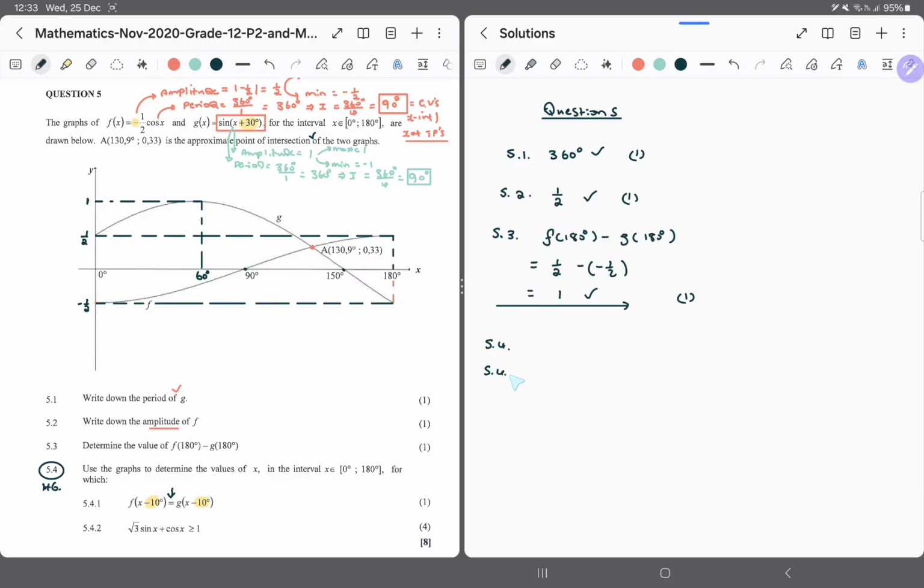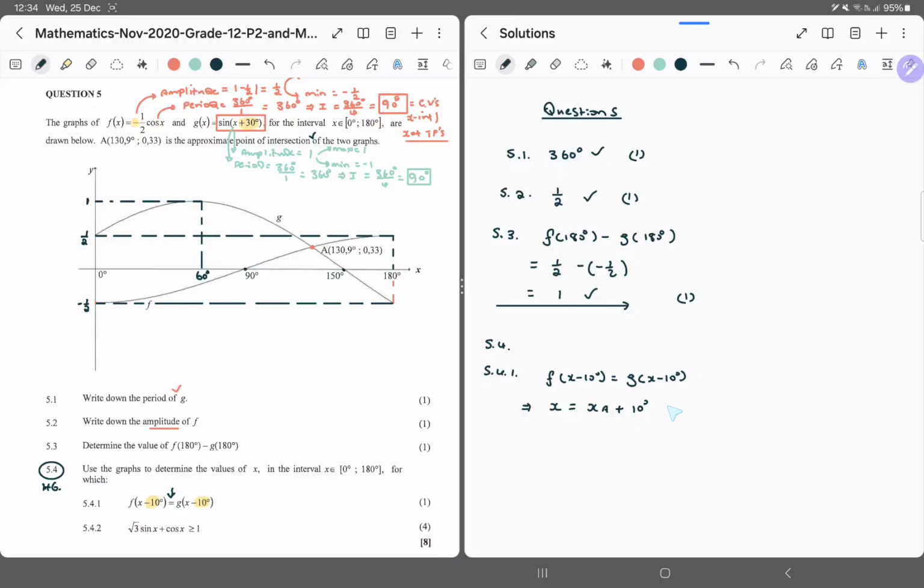So for 5.4.1, we know that essentially f of x minus 10 degrees equals g of x minus 10 degrees implies that point A, it implies that we're going to have x equal the x coordinate at A plus, remember, when we see this negative here, we will add.